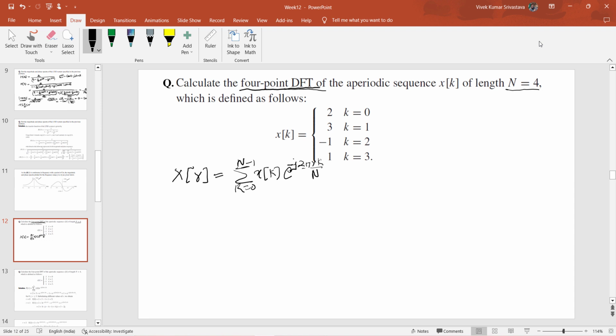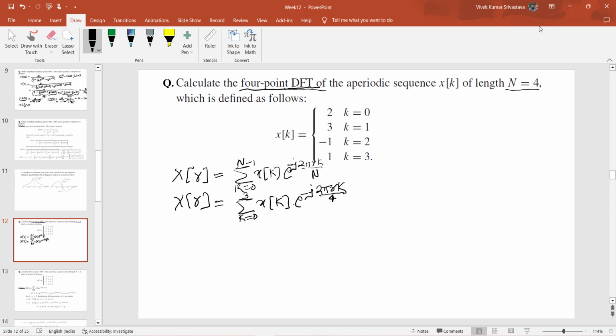We have to determine the coefficient of the samples here. So we can write this x of r for this particular problem as summation k equals 0 to 3 x of k into e raised to the power minus j 2 pi r k over 4.